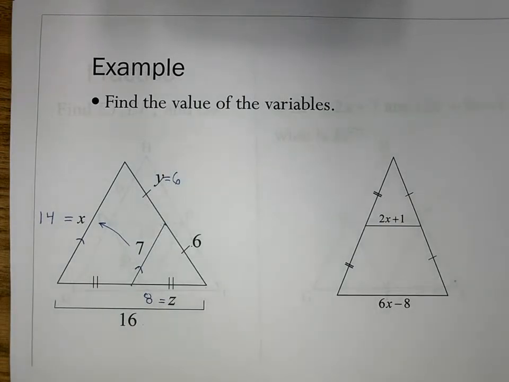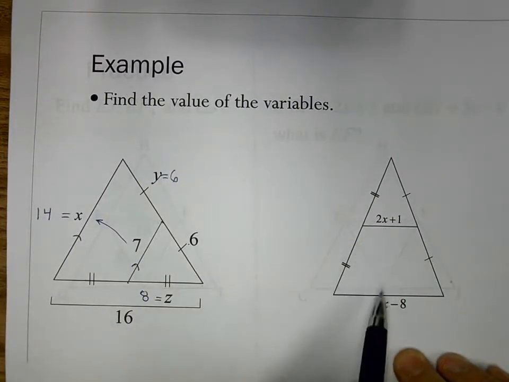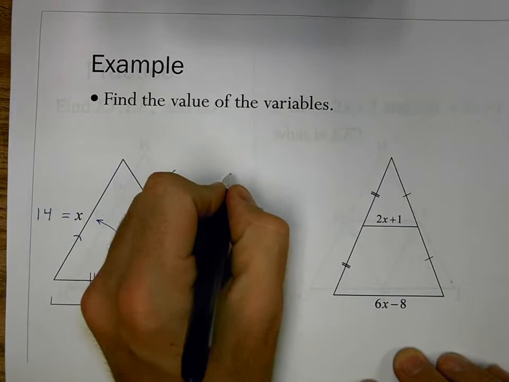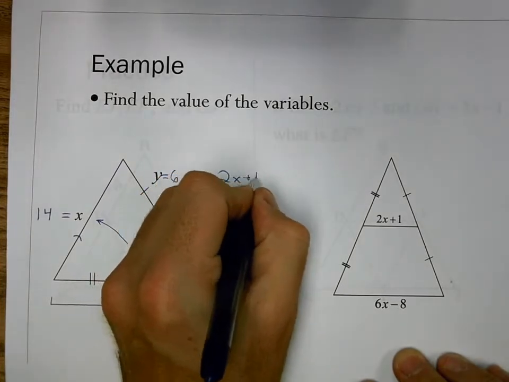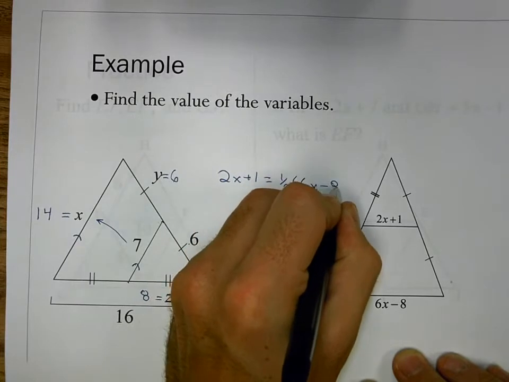Then we go to a little bit more complex problem, where we need to solve for x. We do not set these two equal to each other, because they are not equal to each other. 2x plus 1 is a mid-segment. So, by our rule, we know that this is half the whole side. So we could say 2x plus 1 equals 1/2 of 6x minus 8.